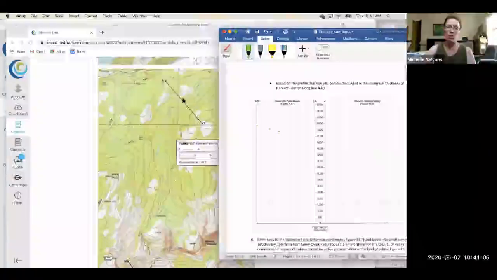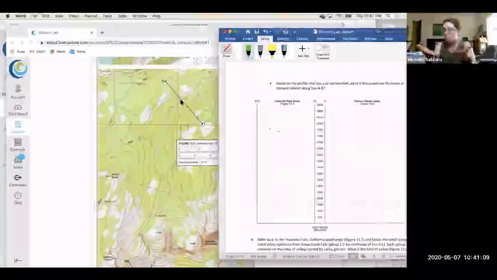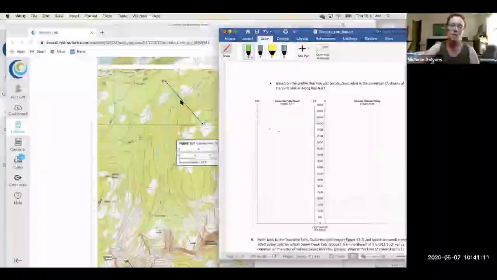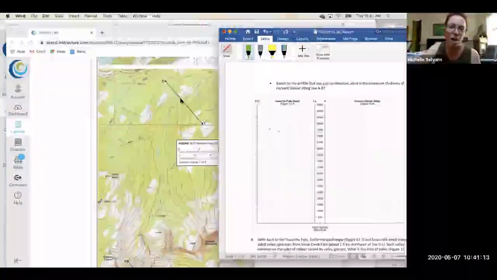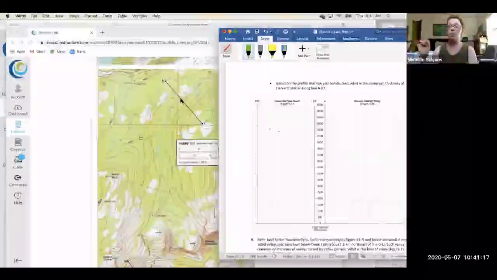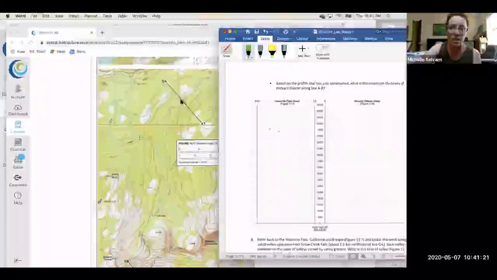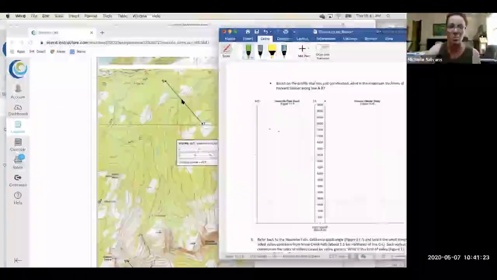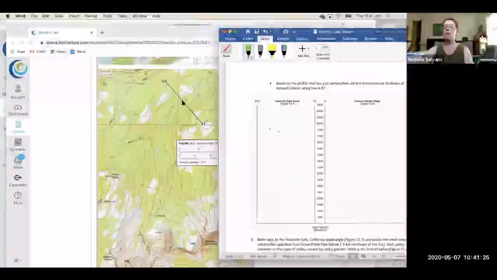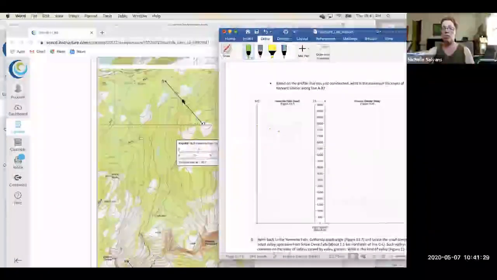And then the stream is going to be at the lowest point in the valley. It's pulled downhill by gravity. So if I look at how many contour lines I have to cross, the fainter ones, it looks like I go across one here, and then maybe a second one is where I am at the stream, and that's where this transect is crossing the stream.